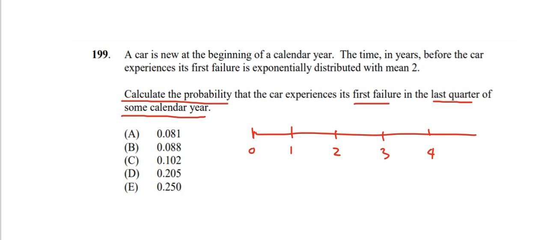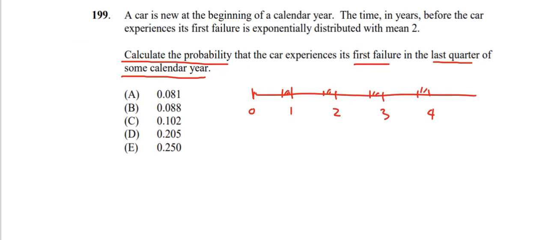We want to find the probability that the first failure happened here, in the last quarter, or happened here, or happened here, like this.